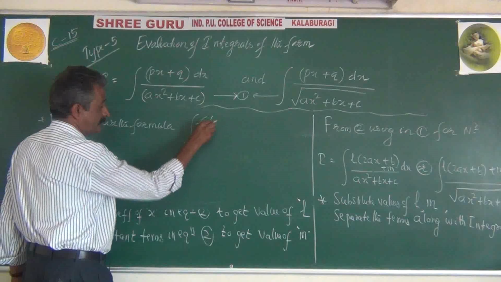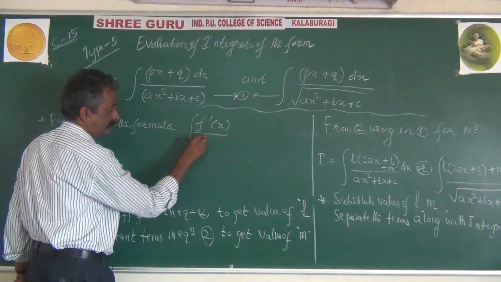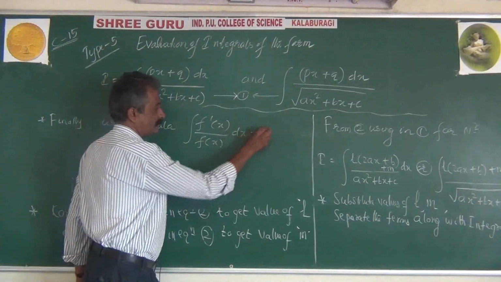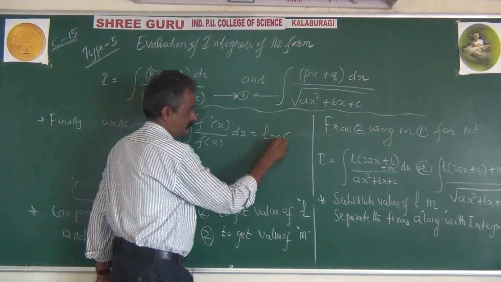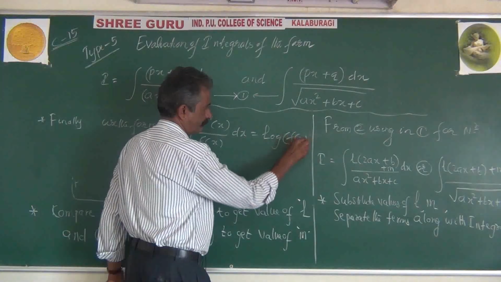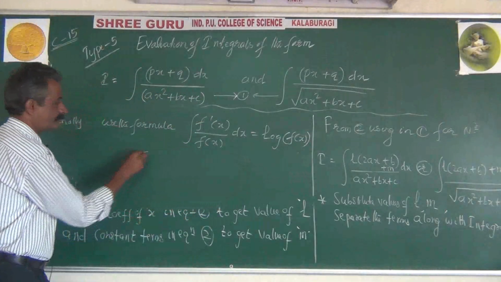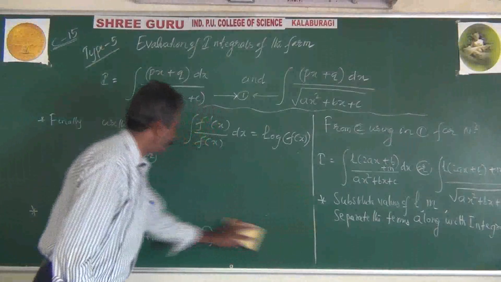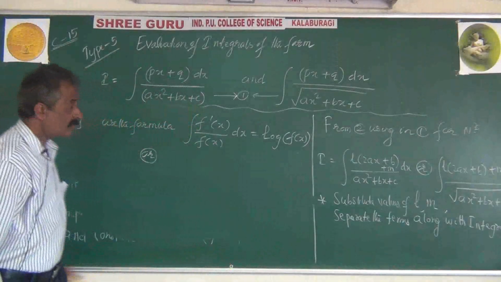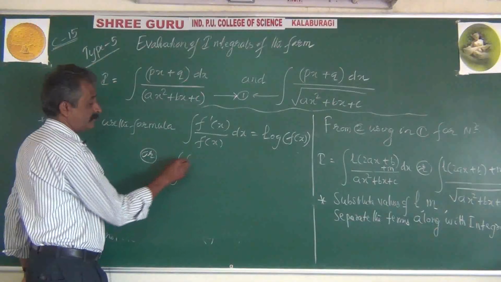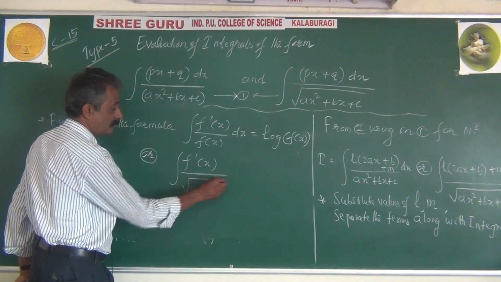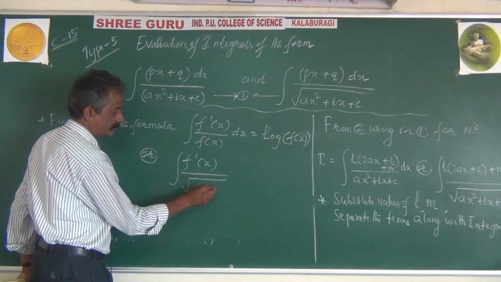The integration of f dash x by f of x equals log of f of x, or the integration of f dash x by root of f of x equals 2 root of f of x.